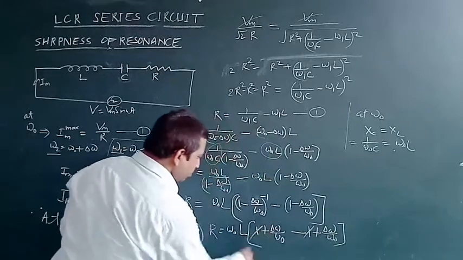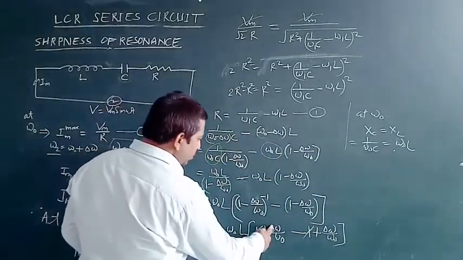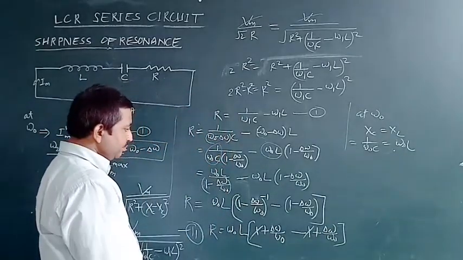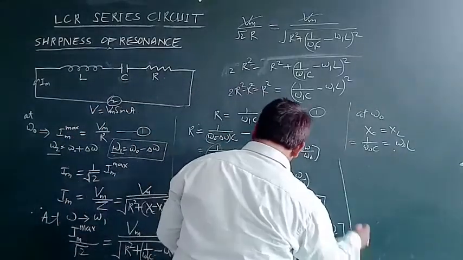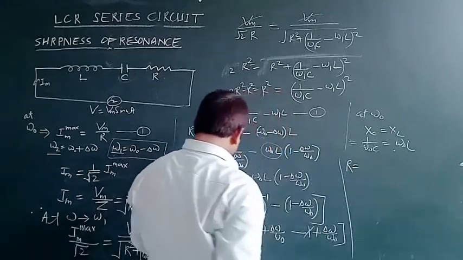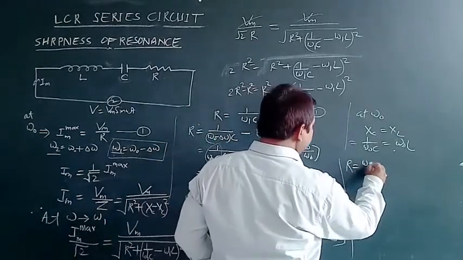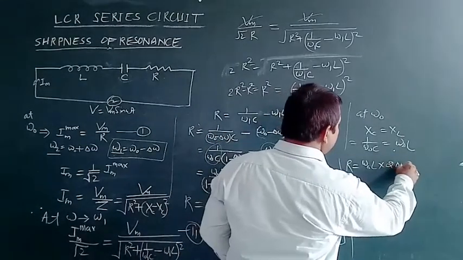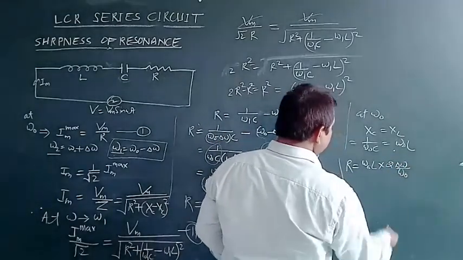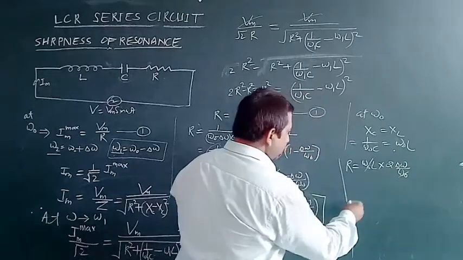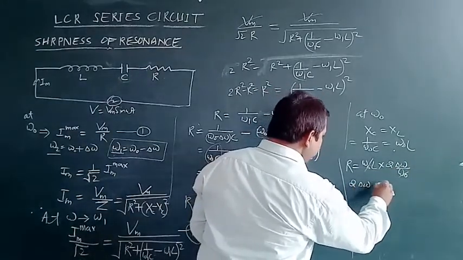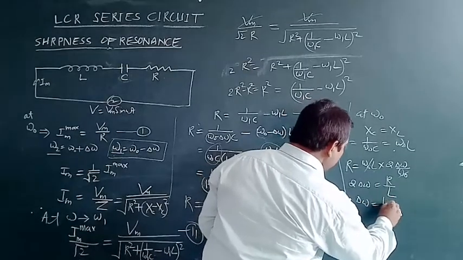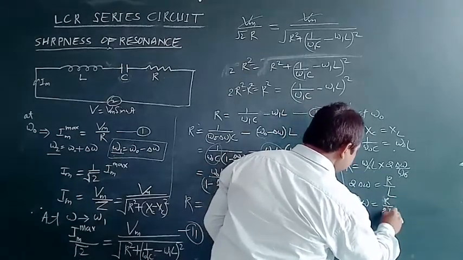Okay, so 1 and 1 cancel, and twice of this becomes twice of delta omega by omega naught. So from here we get R is equal to omega naught L into twice of delta omega by omega naught. So from here we get twice of delta omega is equal to R by L. So delta omega is equal to R by 2L.